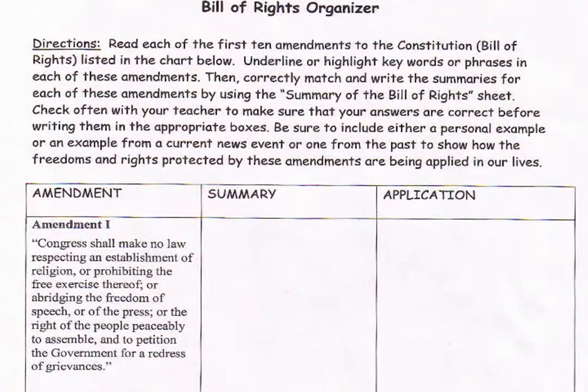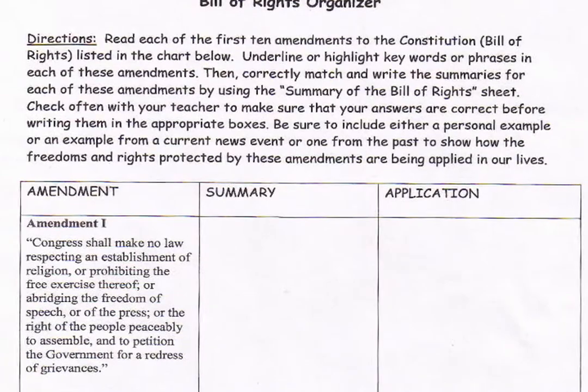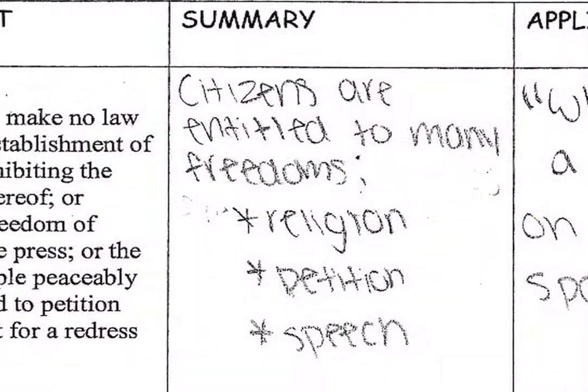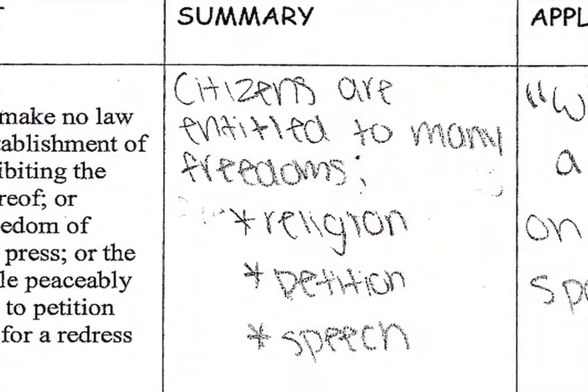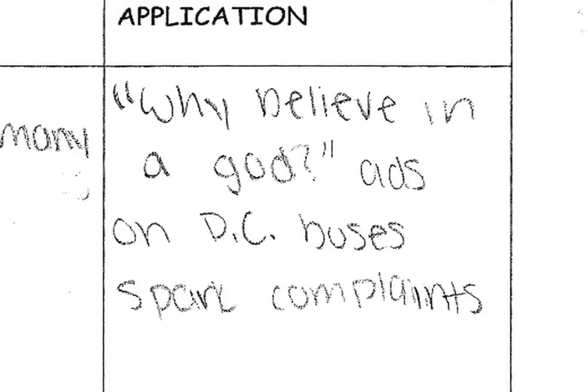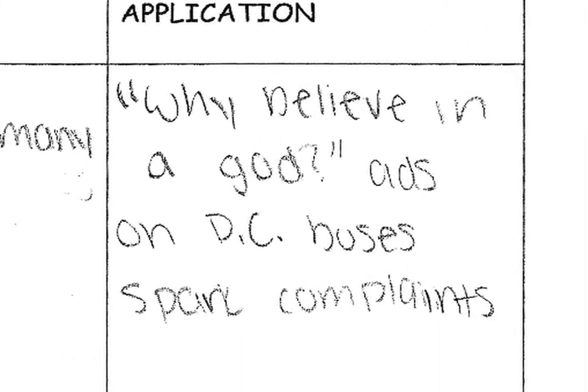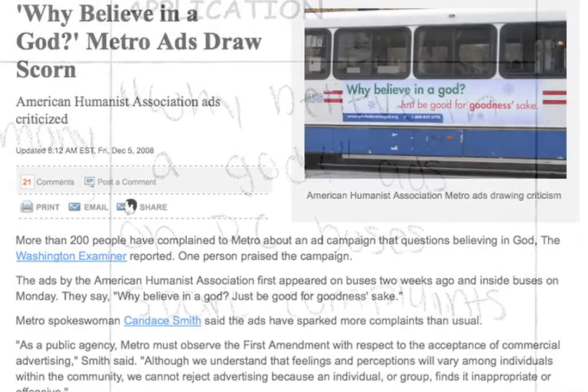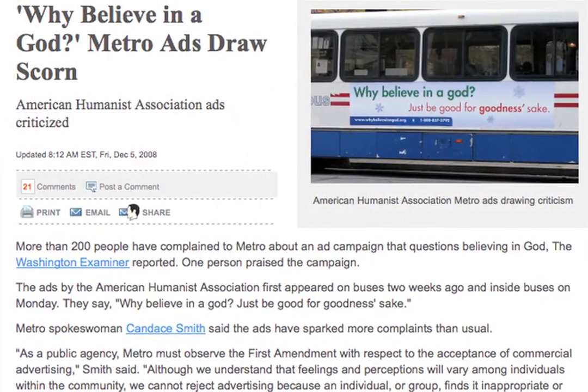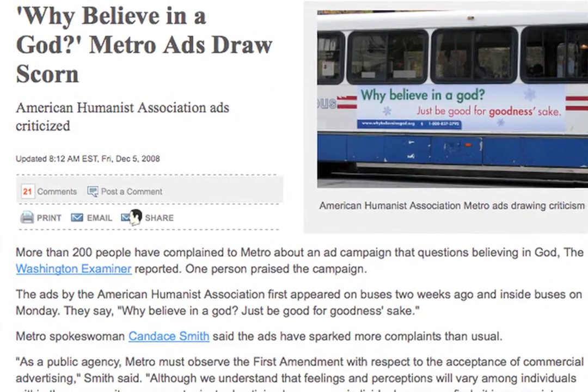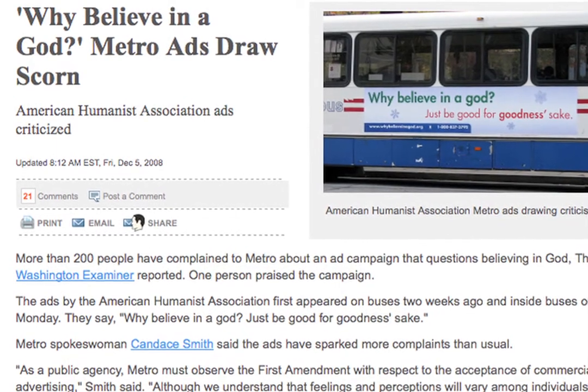I also had a sheet that summarized each of the 10 amendments, and they were to match up the summaries that I provided with what they got from their first read of the Bill of Rights. And then another part of the lesson was to apply the summary and their understanding of the amendments to an actual current event article that would highlight what that amendment was about.